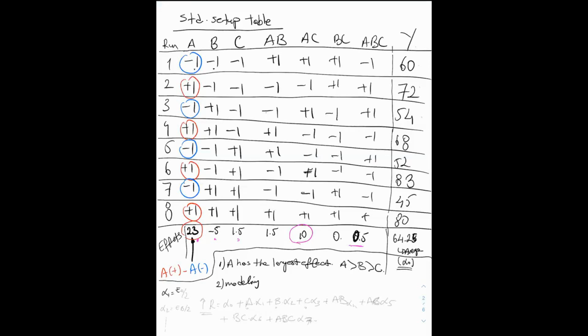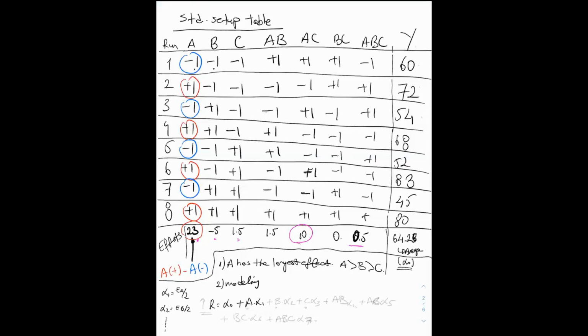Alpha 1 is going to be the effect of A divided by 2. Alpha 2 is going to be effect of B divided by 2. And all the way to alpha 1, 2, 3, 4, 5, 6, 7, right, is going to be effect of ABC divided by 2.